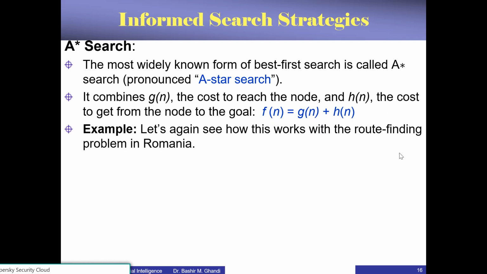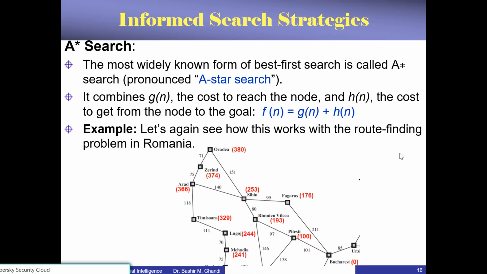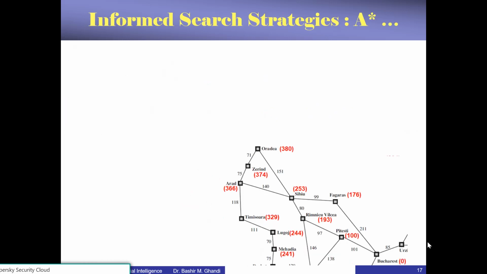So we're going to try this again with the route finding problem in Romania, step by step, to see how this A star search works. We're going to use the same map. Again, remember the values in red are the estimates from each state to Bucharest. So let's start again from Arad.